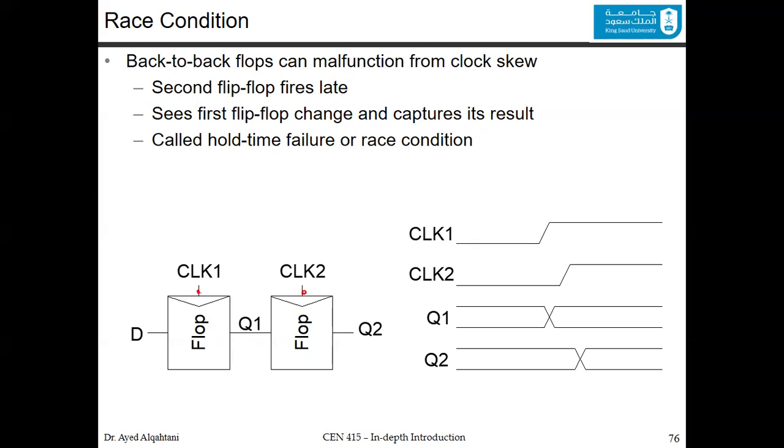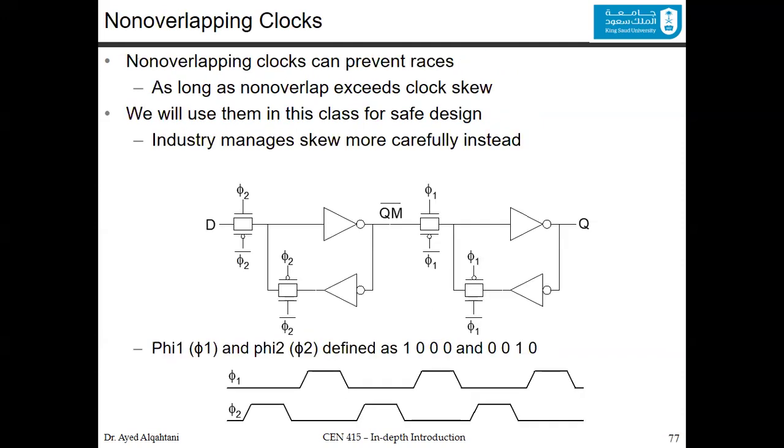Now, to get rid of this problem, we have what we call the non-overlapping clock. This behavior could be in NMOS, in latches, or in flip-flops. So what we are going to do, for example, here we have two latches.